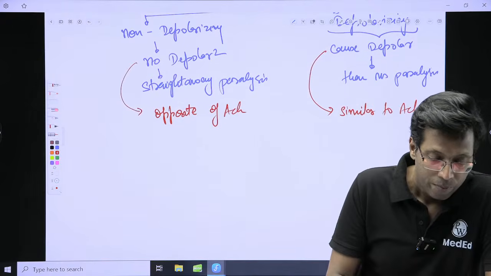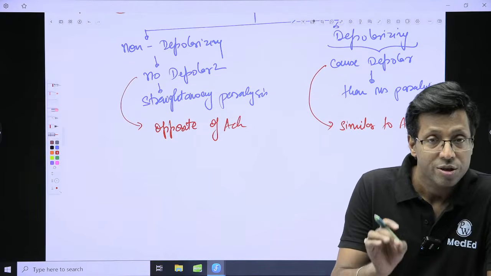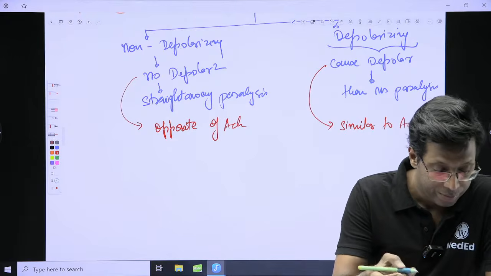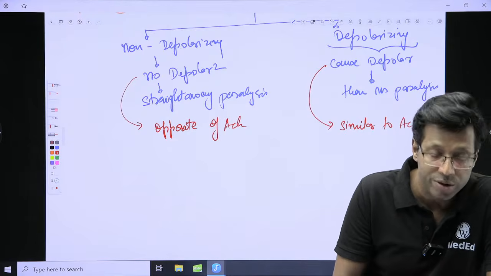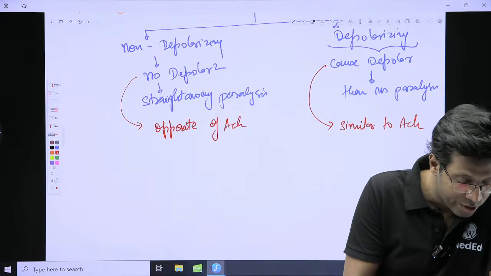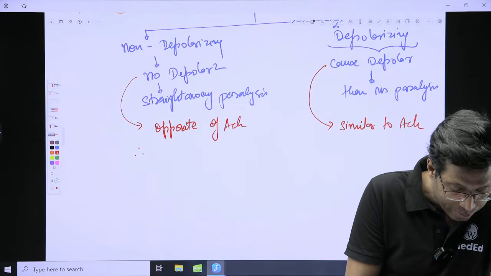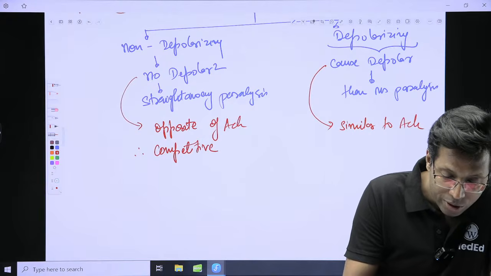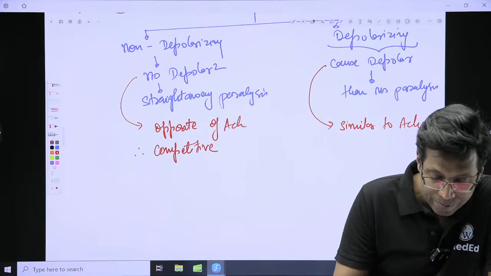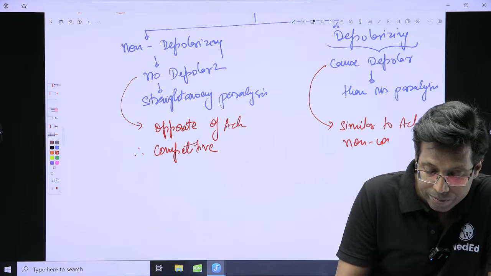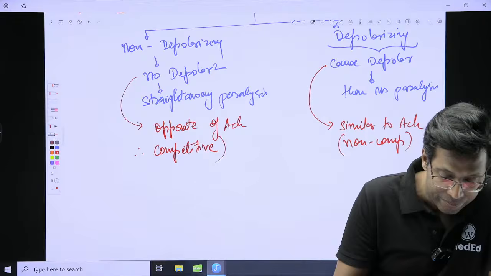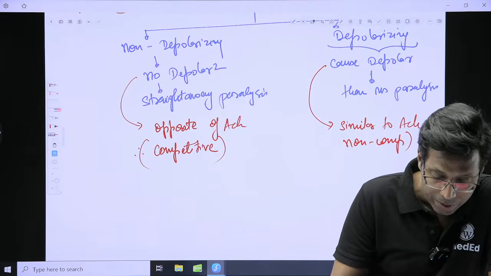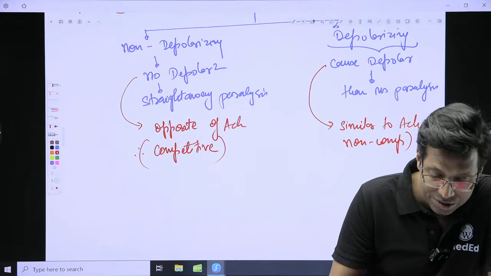So depolarizing is similar to acetylcholine, therefore it is non-competitive. Non-depolarizing is opposite of acetylcholine, so it becomes competitive in nature. Because depolarizing is similar to acetylcholine, it is non-competitive in nature. And that is why the name is succinylcholine, similar to acetylcholine.